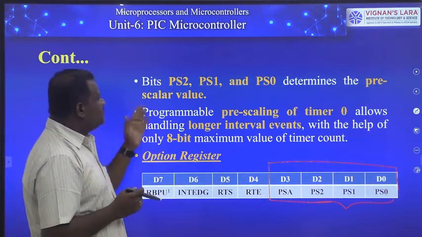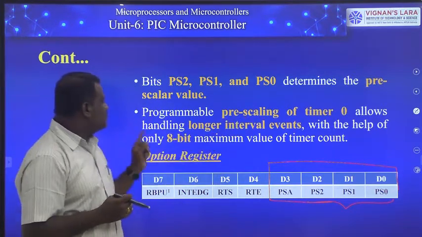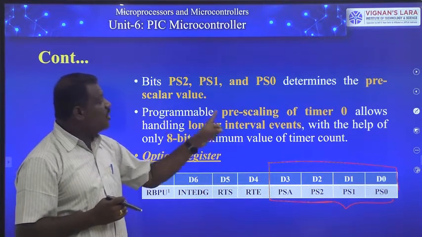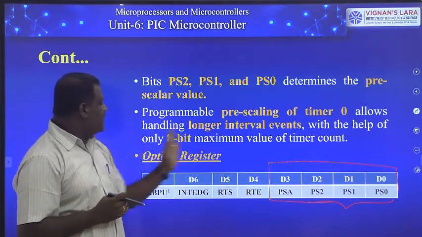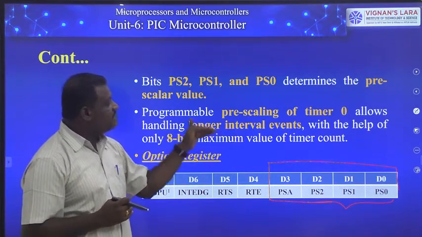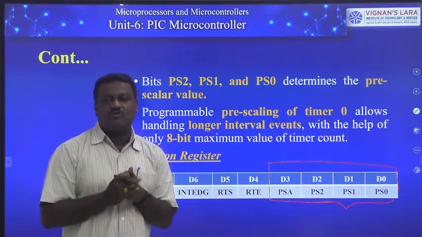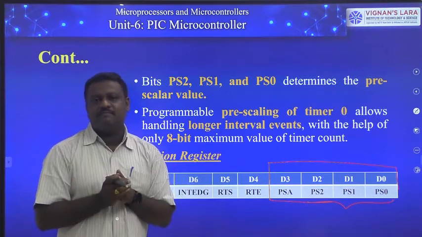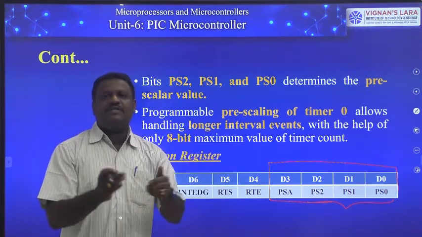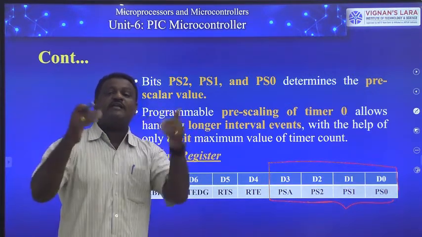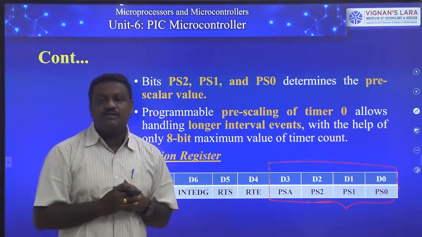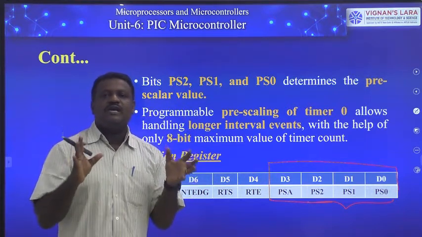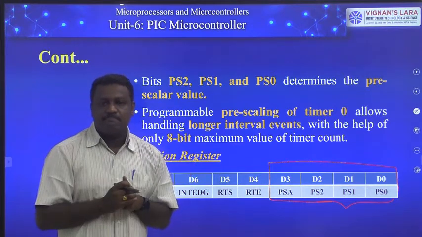So the programmable prescaling of timer 0 allows handling longer interval events with the help of only the 8-bit maximum value of the timer count. Without changing the size of the timer, it is still 8-bit. But in order to increase the time delay produced by the timer, a prescaler is very useful for me.